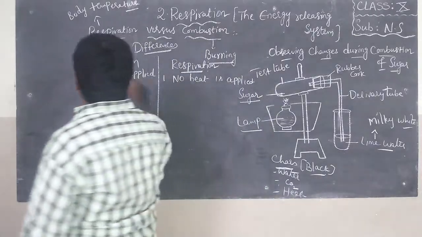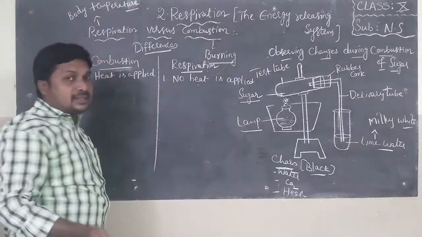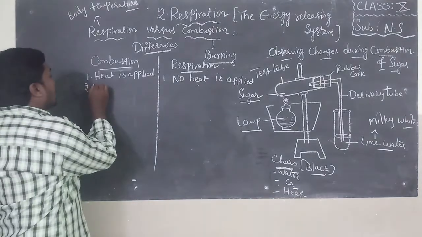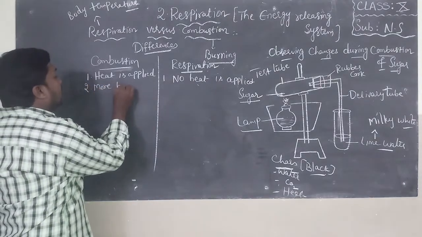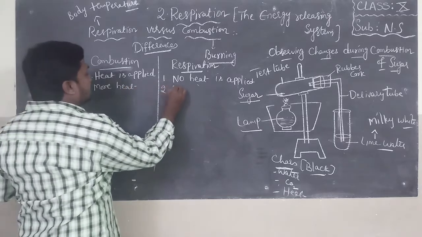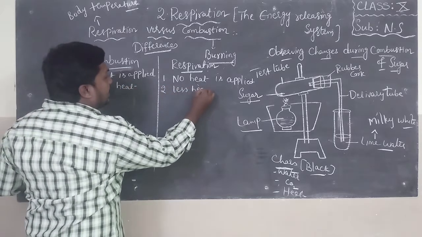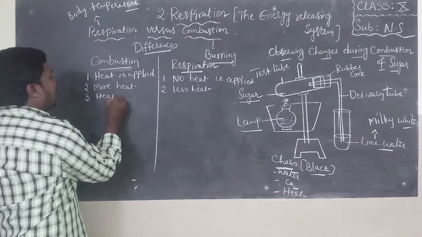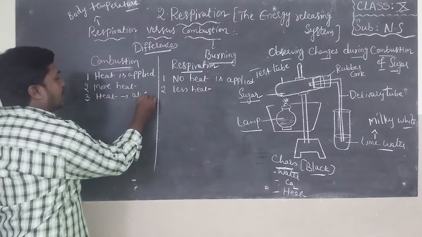So in combustion heat is applied, and in respiration no heat is applied. In combustion, more heat will be released; in respiration, less heat will be released. In combustion, heat will be released at a time.